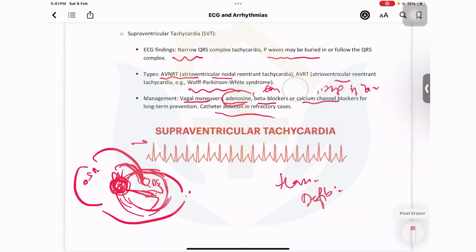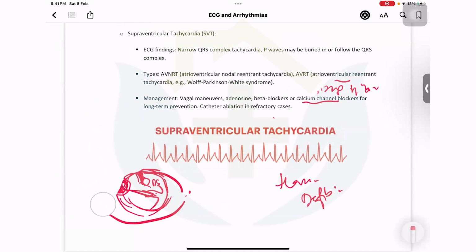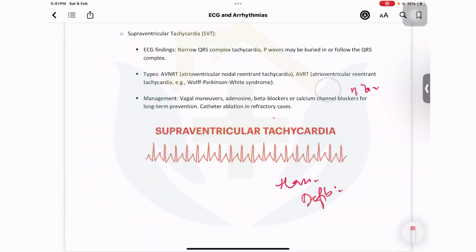Now coming to another important supraventricular arrhythmia, supraventricular tachycardia. It is a very common arrhythmia. We have a narrow QRS complex. P waves may be buried inside or they may be falling before or after. P wave can come before, P wave can come after, P wave can be buried in the QRS complex. So all three are possible.